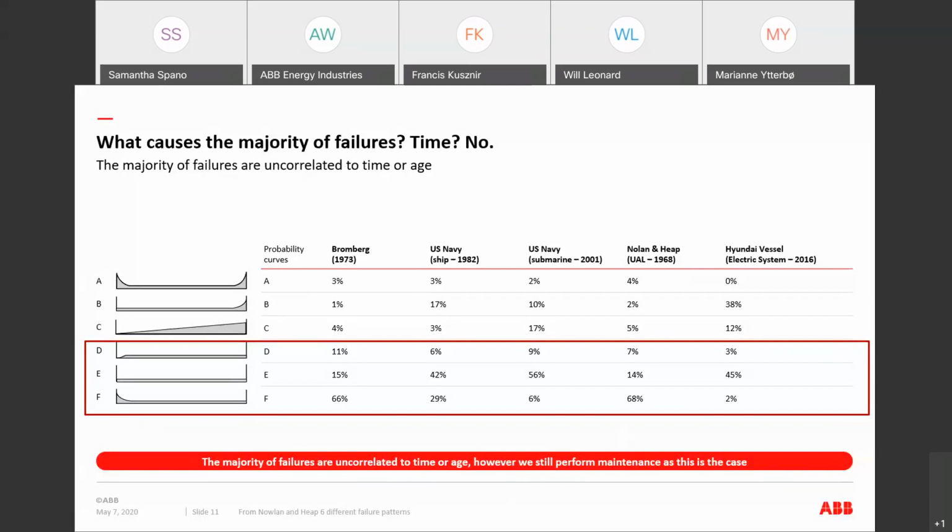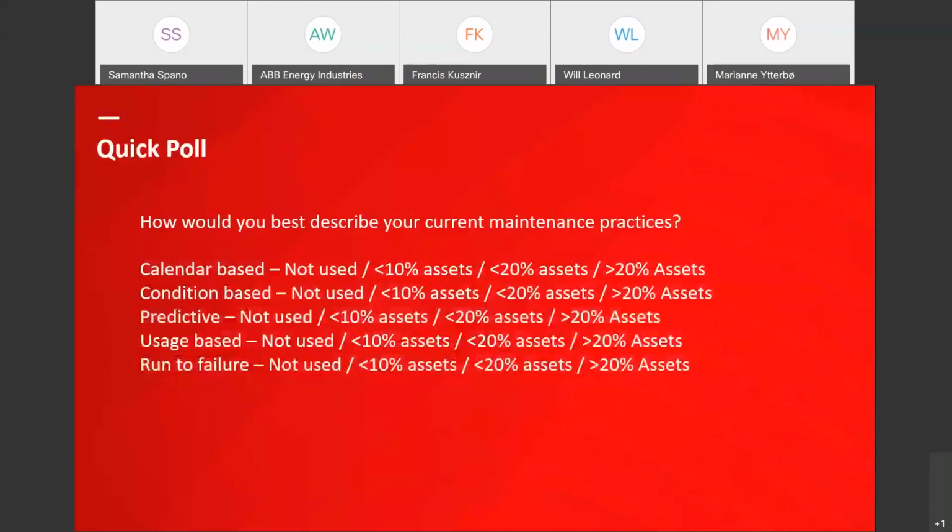But first, before we go a little bit more into that, I think there's another poll coming. This poll is a group of questions where you have to try to describe your maintenance practices, whether they are calendar-based, condition-based, predictive, usage-based, or run to failure.